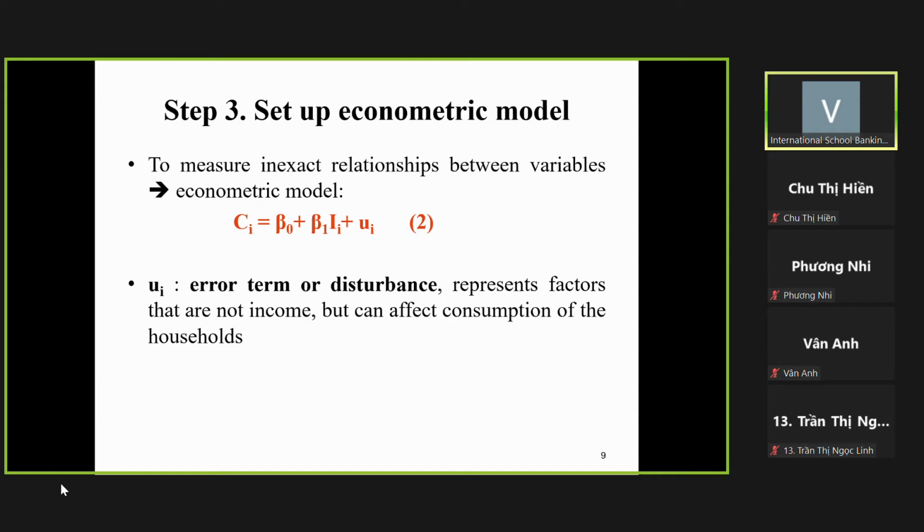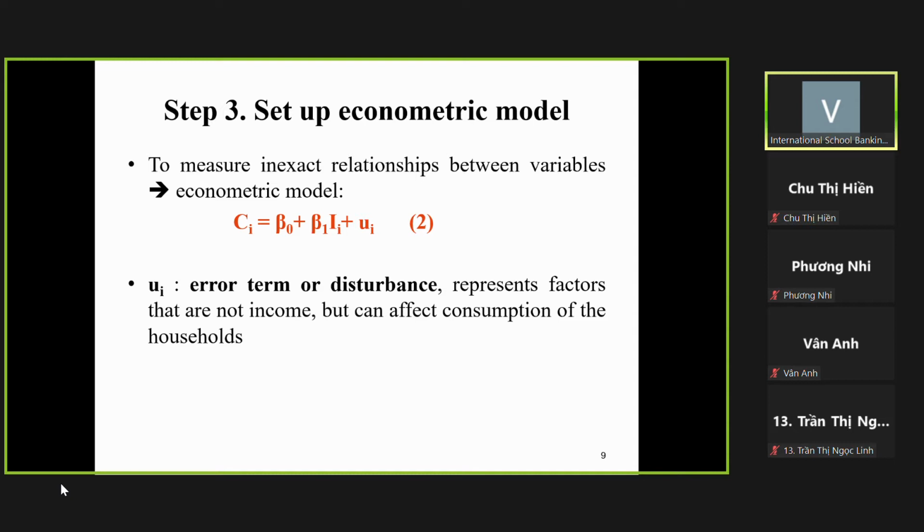Well, okay, besides income, you already named some factors that can affect consumption of households, like the number of family members, or the age of the family members, or the expected income, or the living place of the family, right? So on.